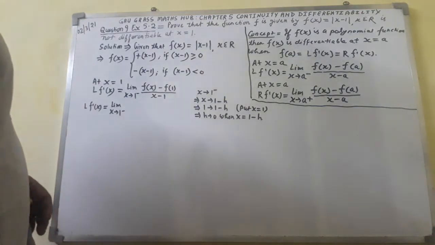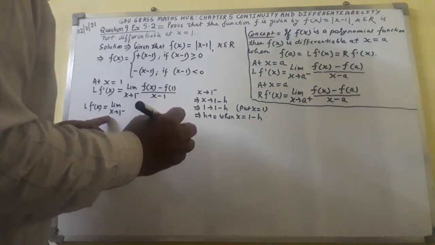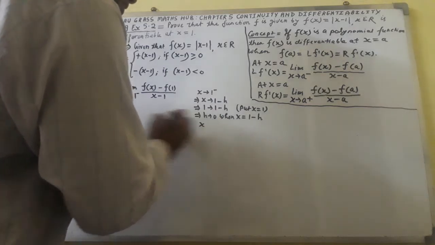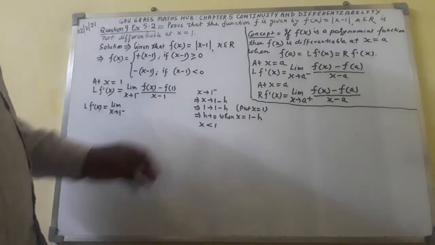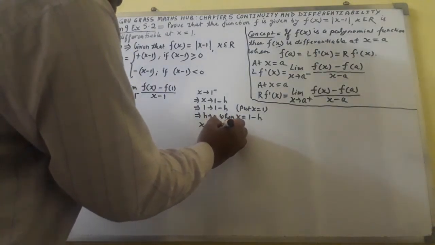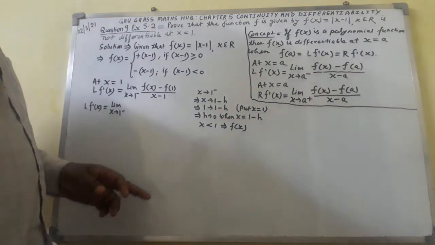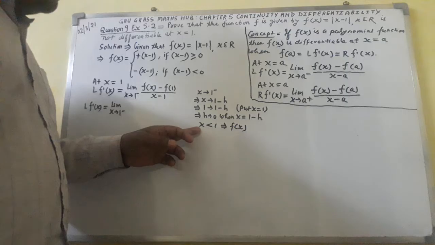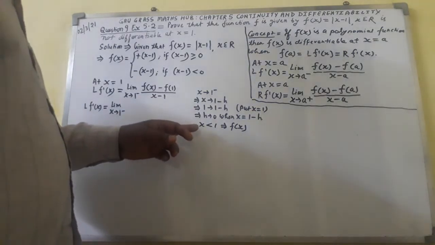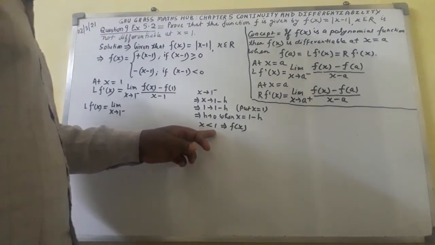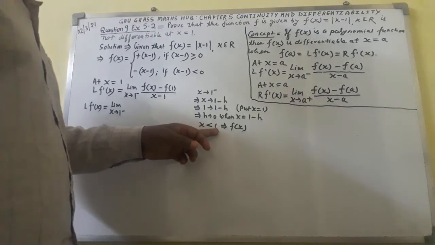So here you can see, value of x must be less than 1. Then function will be, implied that f of x will be, the value of x must be less than 1. So if the value of x is less than 1, then the value of x can be 0. 0 is less than 1.